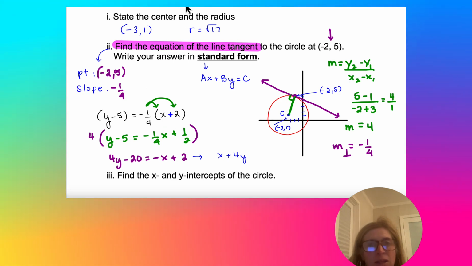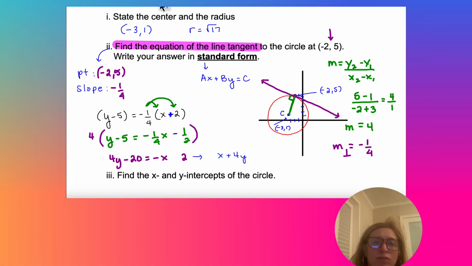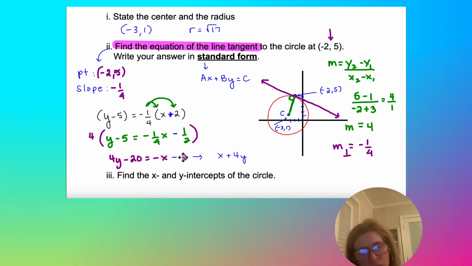Sorry about that, which would have made this minus 1/2, which would have made this minus 2. Sorry about that, guys. Calculation error, we all make them. All right, so then I would add 20 to both sides, which would give me 18. Caught myself. So there's my standard form equation.